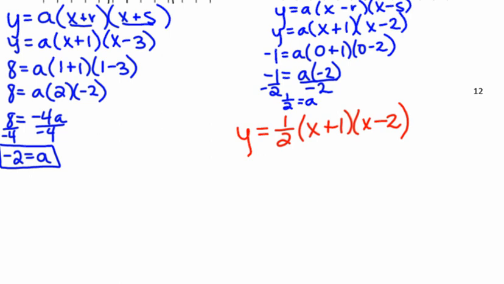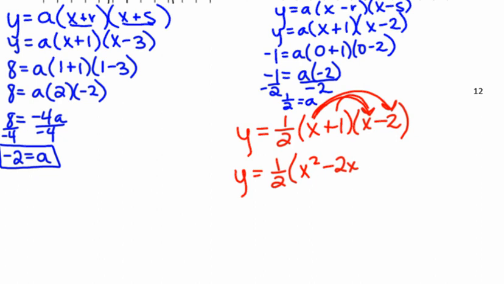We want to factor this out. Distribute, use FOIL, whatever strategy is easier for you, so that we can get it back into standard form. So again, leaving our GCF till the end and using FOIL. X times x is x squared. Outside, inside, last.